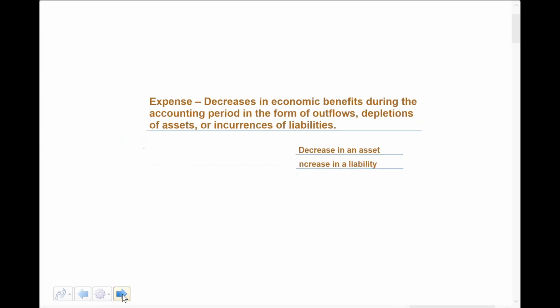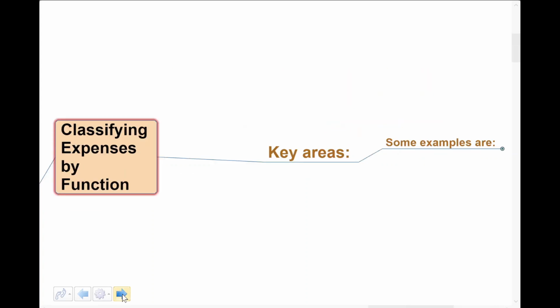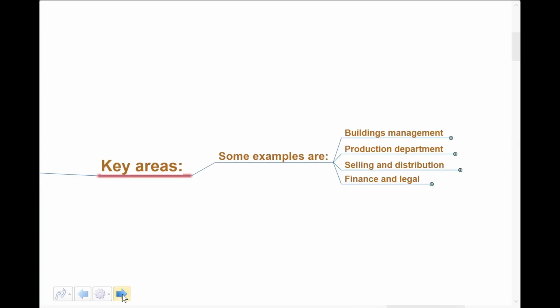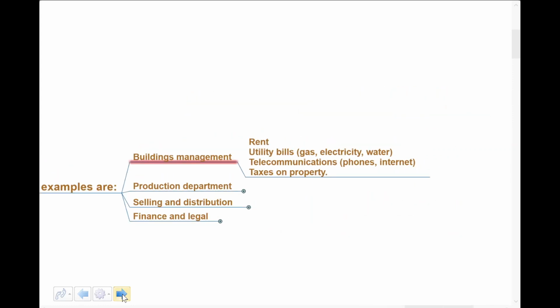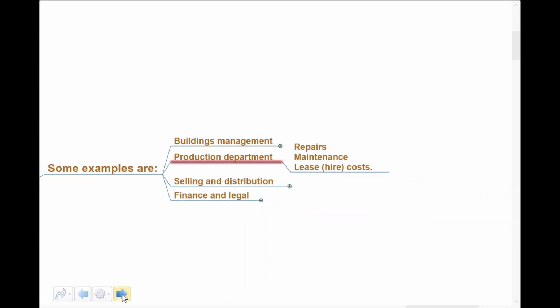Moving from there, when we talk about classifying expenses by function, given the emphasis within MA on manufacturing, let's talk about some examples. Let's say buildings management. Typical expenses here are rent, gas, electricity, telecoms, possibly taxes on the property, so everything related to the management of a business or a building.